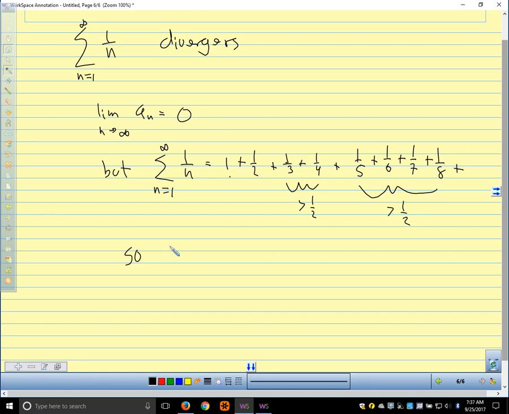So what I'm saying is the sum from n equals 1 to infinity of 1 over n is greater than 1 plus 1/2 plus 1/2 plus 1/2 plus dot dot dot, which diverges.